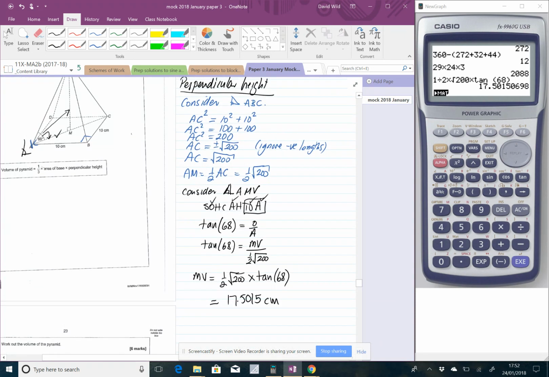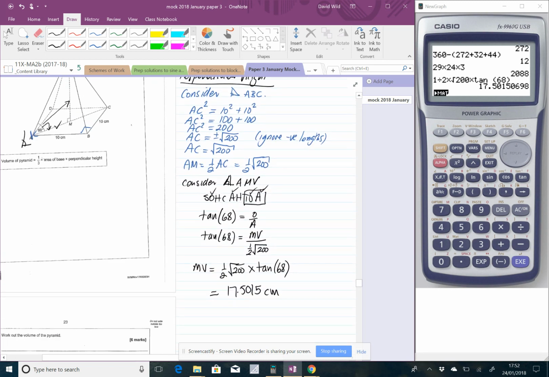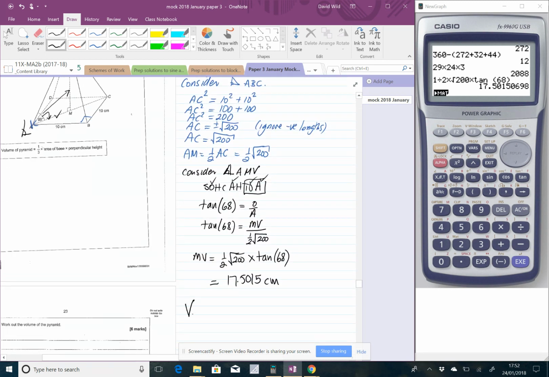So once I've found that, then I can go back to my volume formula. So my volume is 1/3 times the area of the base, which if you remember was 100, multiplied by my 17.5015.